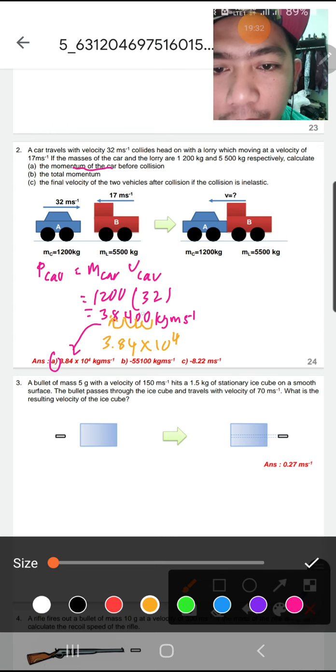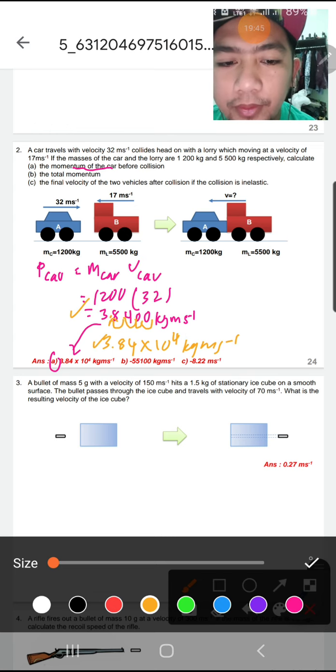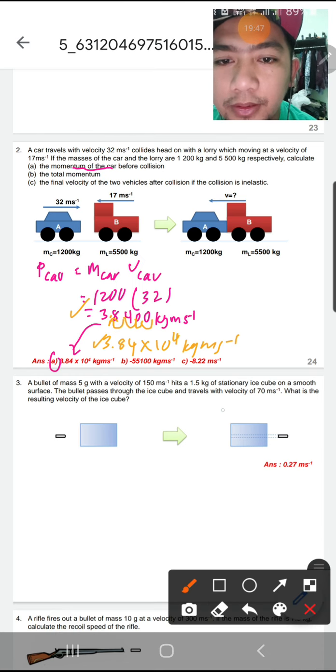Why power of 4? Because you move 4 times. Okay, and then you write the unit. You can answer like this or like this. Alright. Okay.